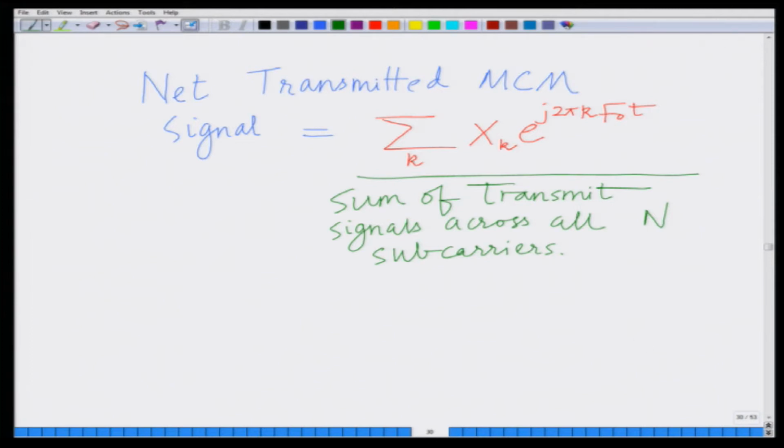So, this is the summation over k of x k, which is the kth symbol, times e raised to j 2 pi k F naught t, which is the kth subcarrier.